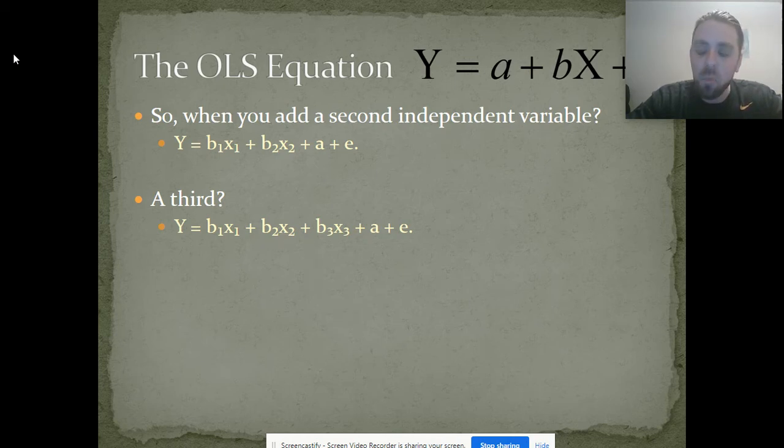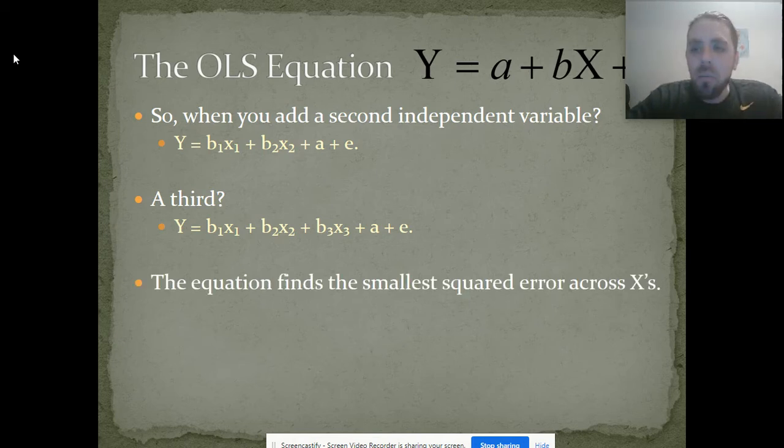So now I have three slope coefficients representing the independent effect of three different independent variables, all estimated while holding the other two x's at their mean. And what this equation does is it finds the smallest squared error across all x's, not just one x at this point, but across all x's. And it partitions the greatest amount of variance that it can across the predictors that you have chosen to include.